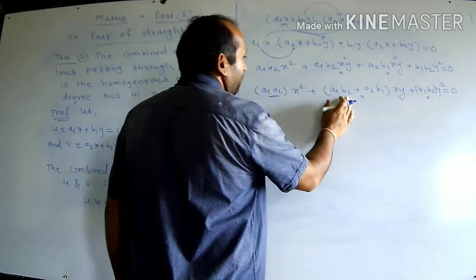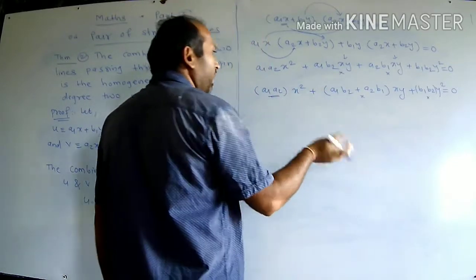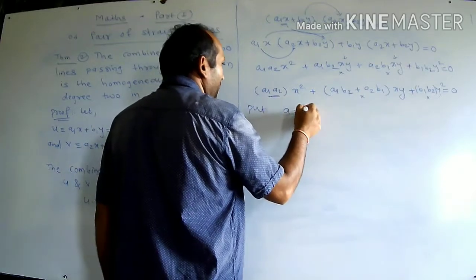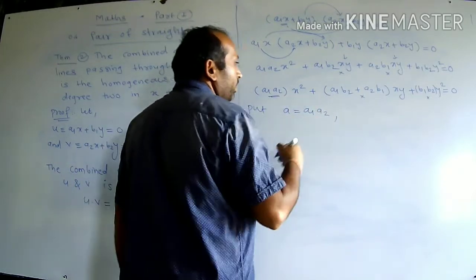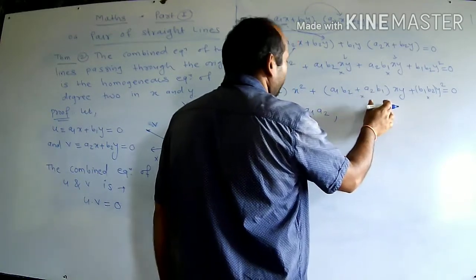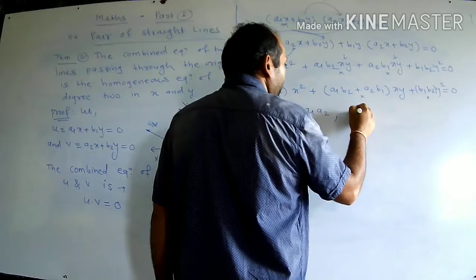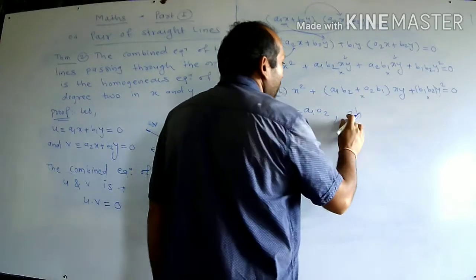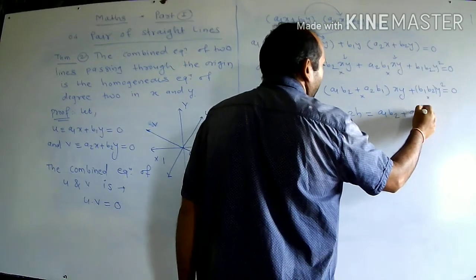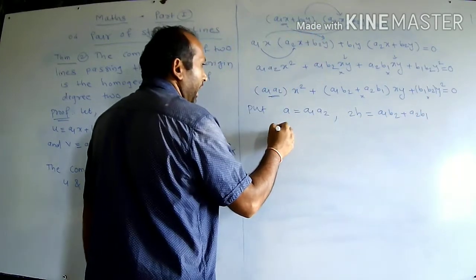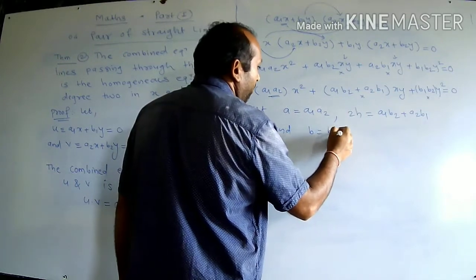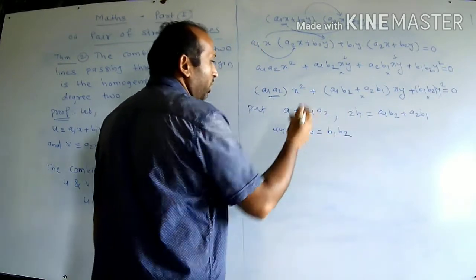So consider each constant as another constant. So put a equal to a1 a2. Then consider the value of the coefficient of xy as 2h, because here h is also a constant. So 2h is equal to a1 b2 plus a2 b1, and consider b equal to b1 b2.